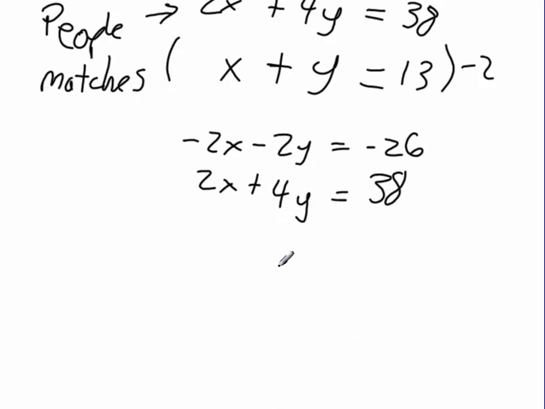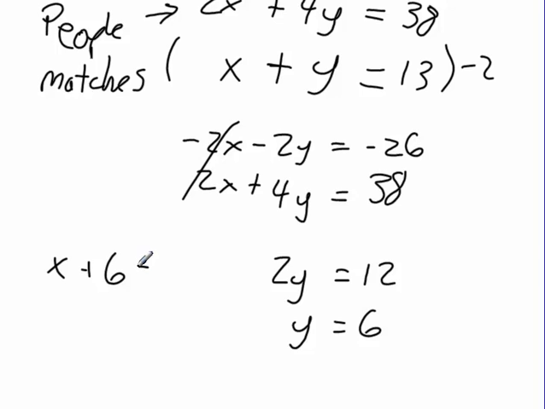Now when we add our lines together, the x's go, and I get 2y equals 12. So y must be 6. If y equals 6, I can plug that in right here. So I get x plus 6 equals 13, and taking 6 away from both sides, I get x equals 7.